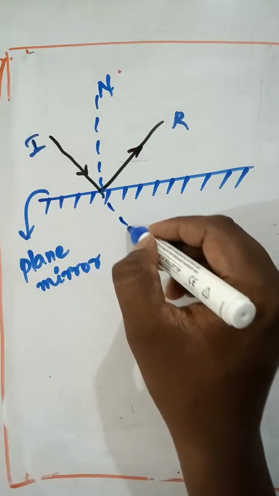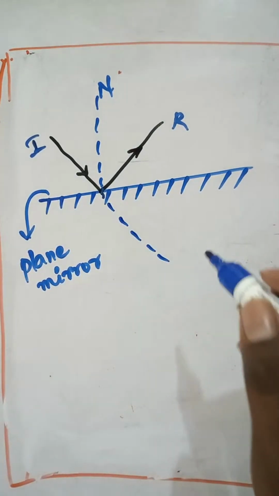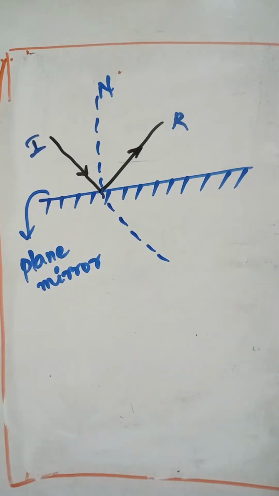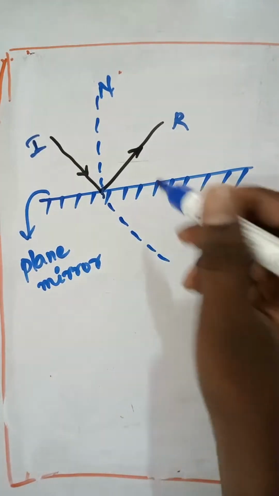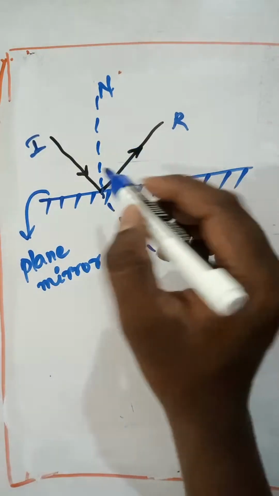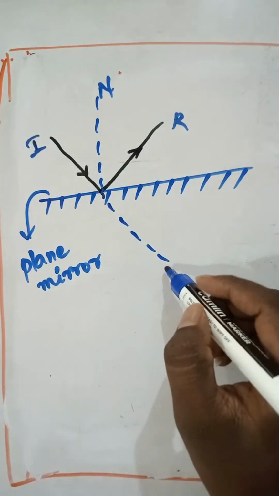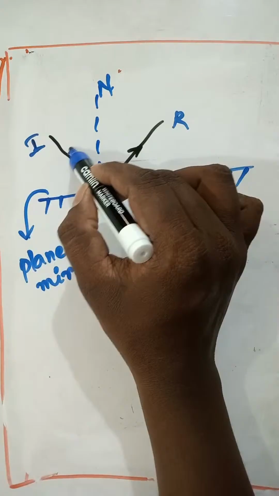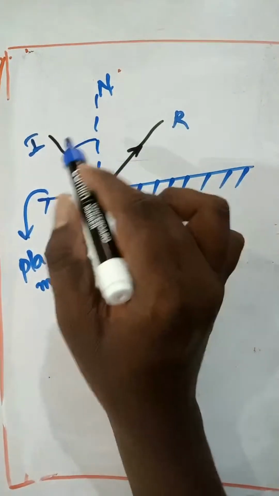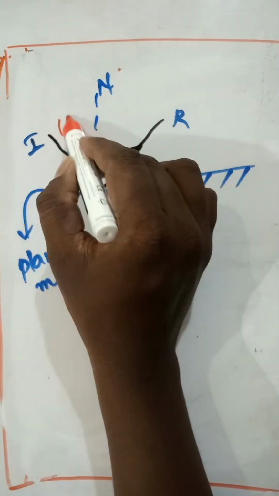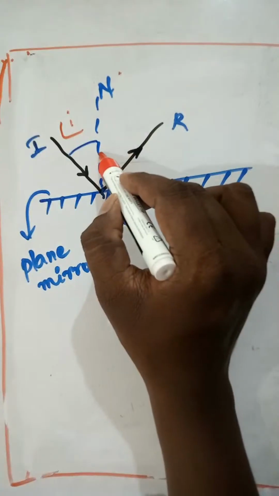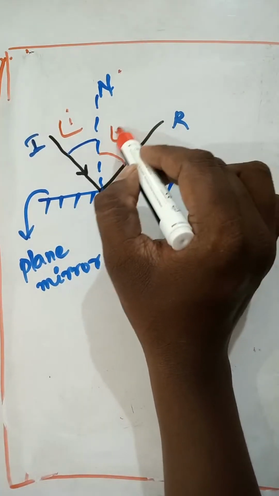This is the undeviated line I am taking, the initial direction of the incident ray. The angle between the incident ray and the normal line is called the angle of incidence, and the angle between the reflected ray and the normal line is called the angle of reflection.